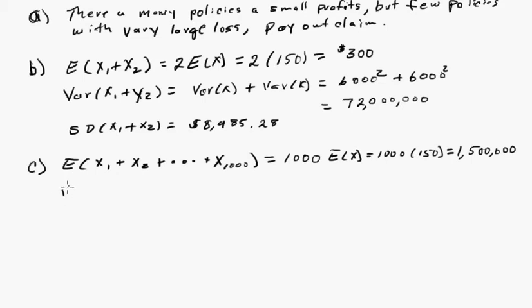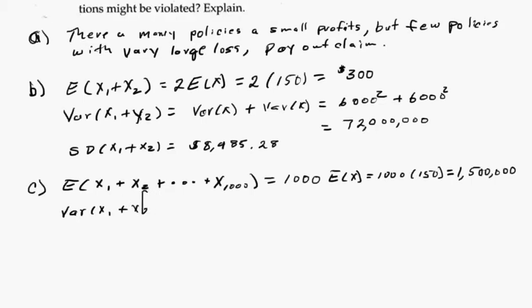Okay, so now what's the variance? Well, the variance of X1 plus X2, dot, dot, dot, plus X1,000 is just 1,000 times the variance of X. So that's 1,000 times 6,000 squared.